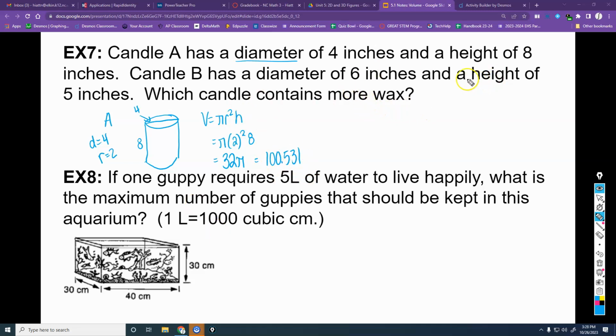Over here, for our other one, we would have a diameter of 6. So we've got a wider candle, but we only have a height of 5.